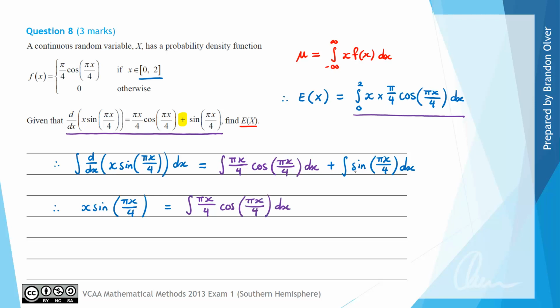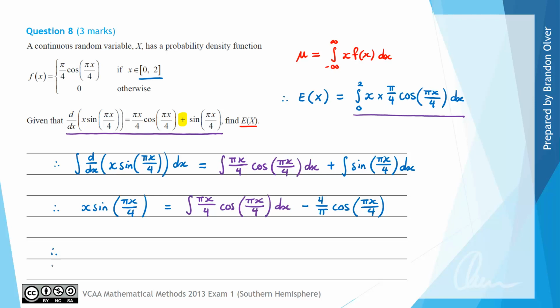And now the integral of sine of pi x over 4 is going to go to negative 4 over pi cos of pi x over 4. If we were finding the general antiderivative, we'd need a plus c value here, but because we're about to use it in a definite integral, we won't need the plus c value.